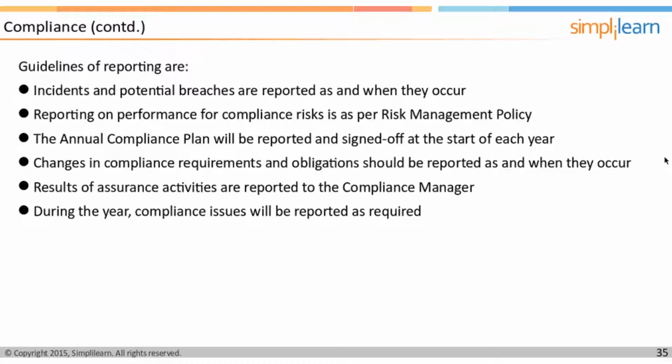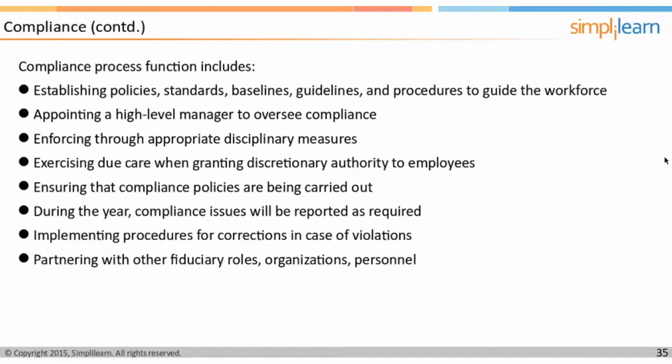Some of the things it talks about are having a report every year, and having compliance with the risk management policy. You can read this down. You don't have to memorize any of this. It talks about establishing a policy, standards, guidelines, baselines, etc., and a higher-level manager to oversee compliance.